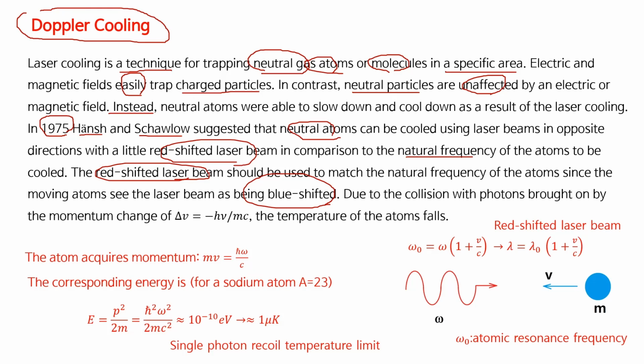Due to the collision with photons, there is a momentum change, and thus the temperature of the atoms falls.